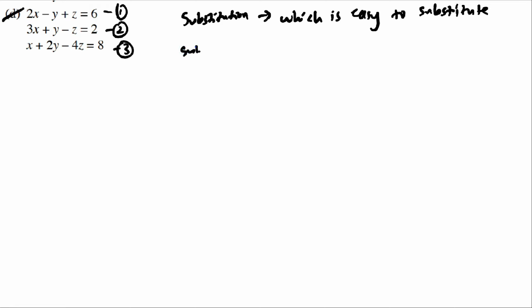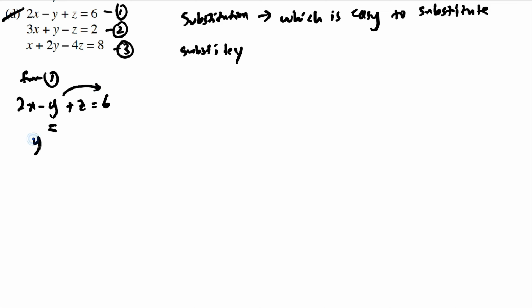So I just choose to substitute y. To substitute y, I must find what is my y. So from 1 or 2, I think 1 will be easier to substitute. Okay, from 1, 2x minus y plus z is equal to 6. I want y, right? So y enter at this territory, y.